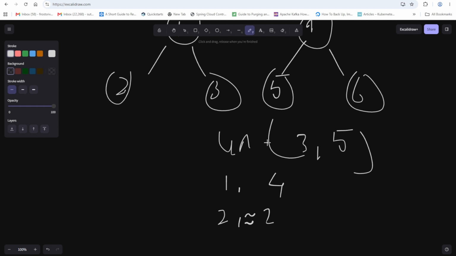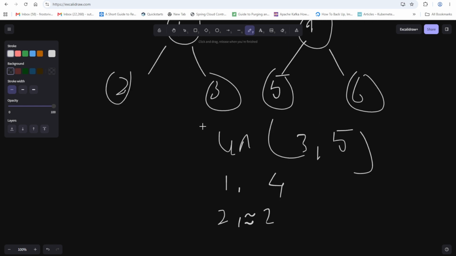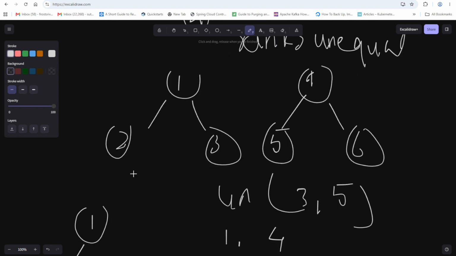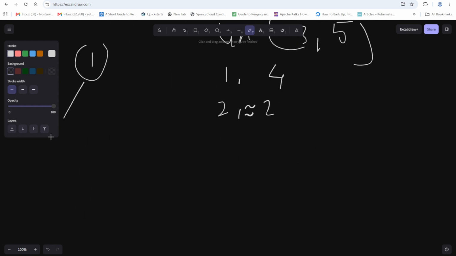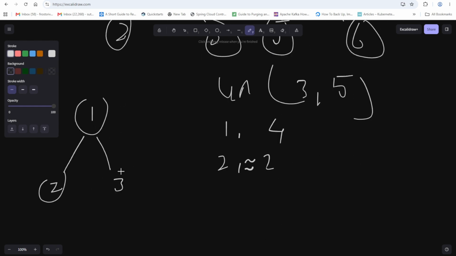So in this case, we can attach 1 to 4 or also 4 to 1. Suppose we attach 4 to 1, so it will become 2, 3.